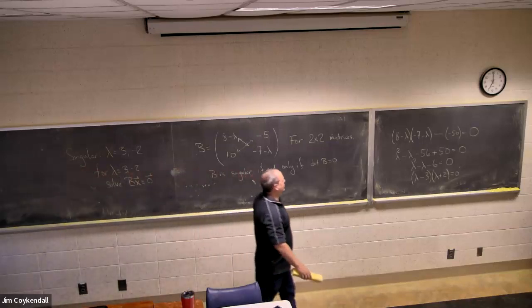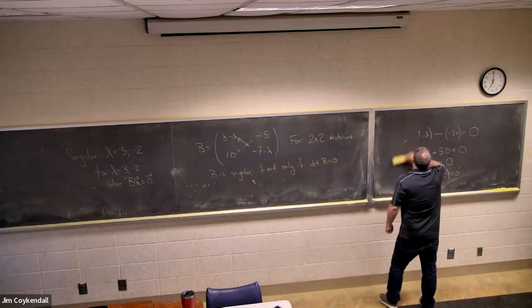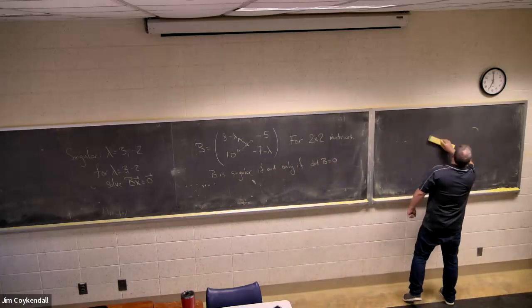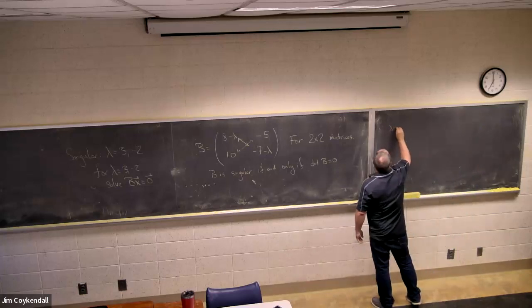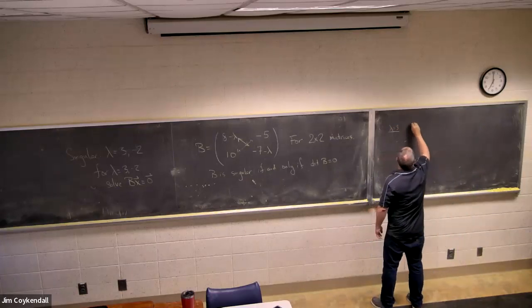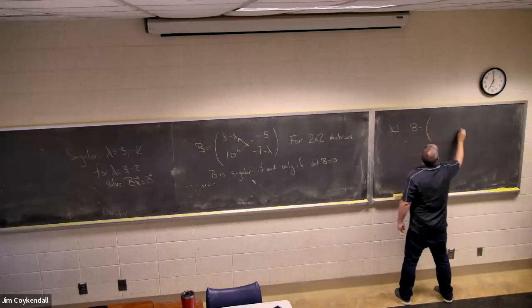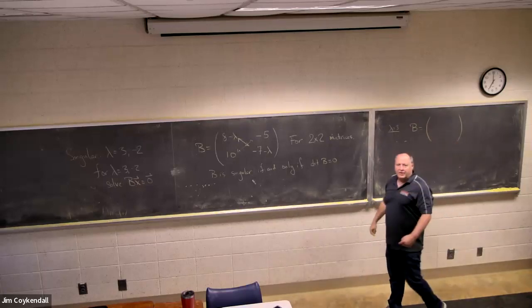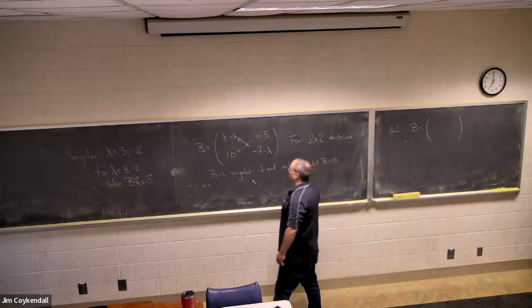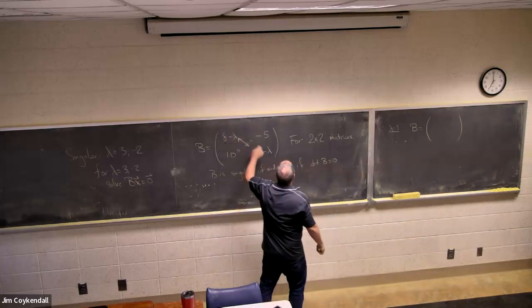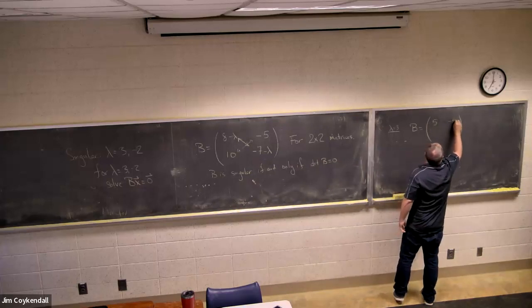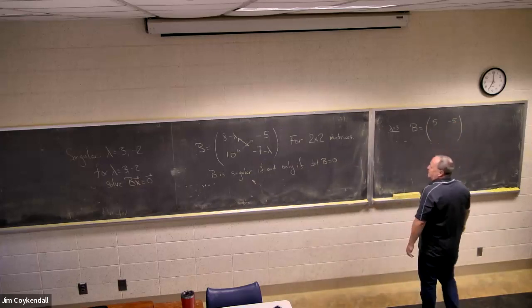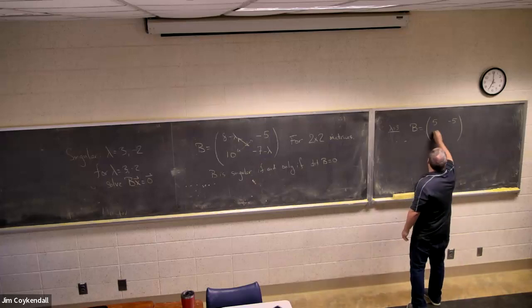Let's see what happens here. Let's solve this part for lambda equals 3. When I shove 3 into B, that's going to give me a 5, minus 5, and 10, minus 10.